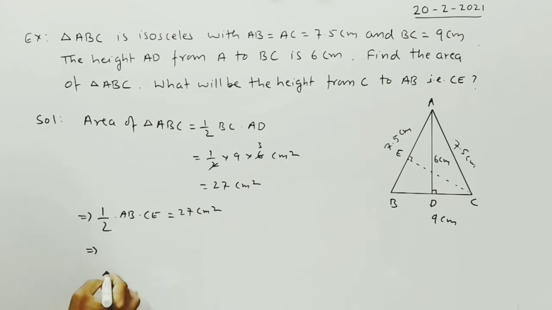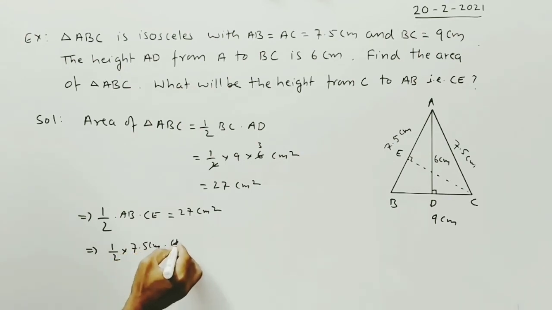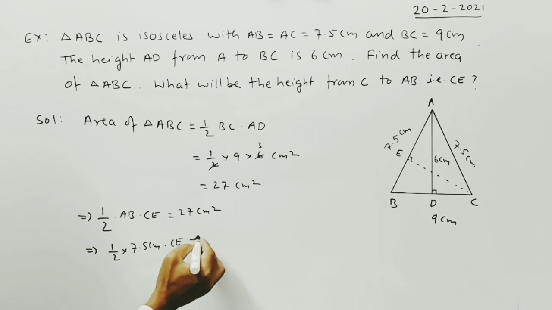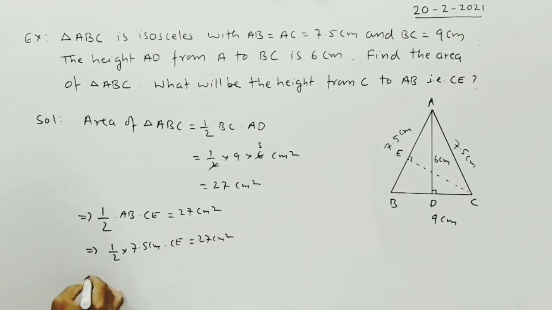This implies one by 2 into, what is the value of AB? 7.5 centimeter into CE is equal to 27 square centimeter.